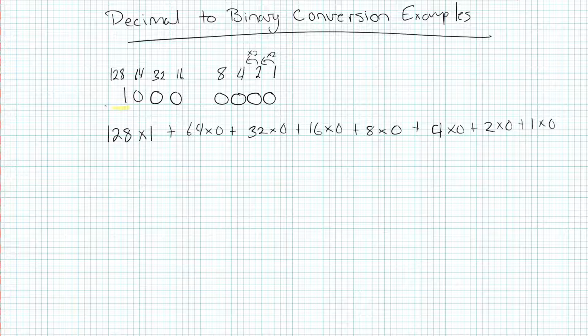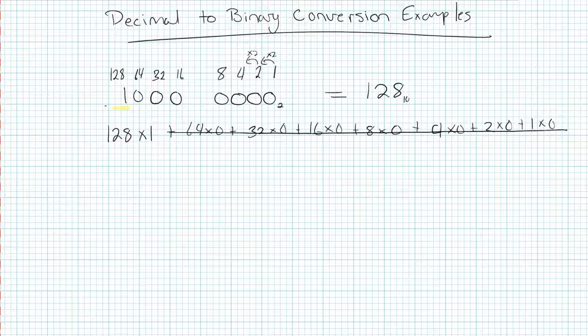Now, those of you who are fairly clever realize that this whole piece doesn't really matter because those are all zeros. So this number is, in fact, the equivalent of 128 in base 10. In fact, anytime we only have a single 1 digit, it's the equivalent of the value above it.